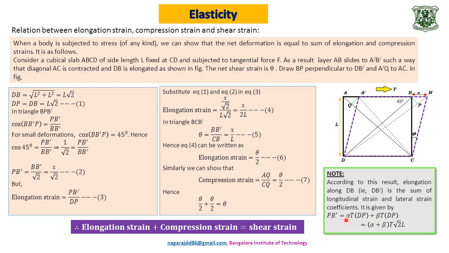So earlier I wrote it as alpha TL, beta TL in the previous slide. Now it is not L, it is DP, that means root 2 L. Therefore it is alpha T root 2L plus beta T root 2L. Finally it is alpha plus beta into T into root 2 of L. So that is the conclusion we can draw from this derivation.